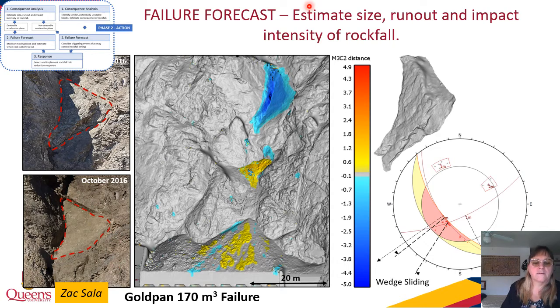When we look at this information from the change detection perspective, we can see the zones where rock has been removed from the slope by the failure, where further rock has been removed from the slope by the impact of the fragments of that rockfall moving down the slope, and we can see the zones of deposition on the talus cone and on the slope of the fragments of that rockfall event. And when we do a stereo net analysis, we can see the classic evaluation of a planar and wedge sliding failure.